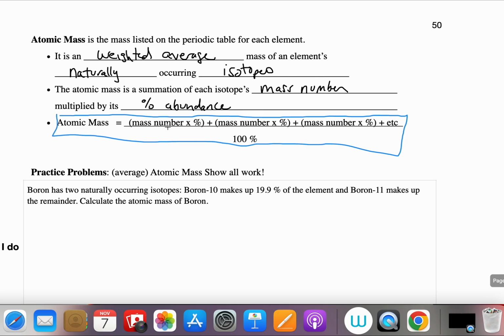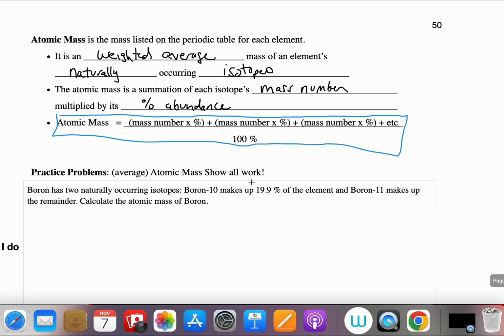So it'll be the isotope's mass number times its percent abundance plus the second isotope's mass number times its percent abundance, and you keep this going until all isotopes and their percent abundances are represented.